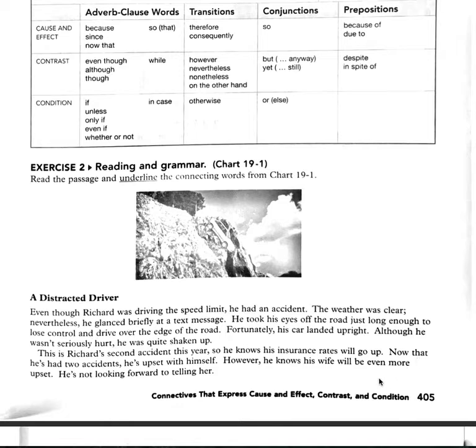So now that, and then however is a transition that shows us a contrast. So the words here are even though, nevertheless, although, so, now that, however. So we have 6 words from the list that show us either cause and effect or contrast.